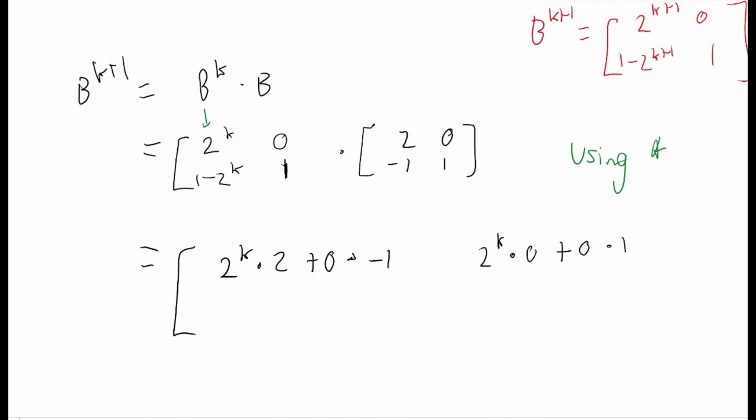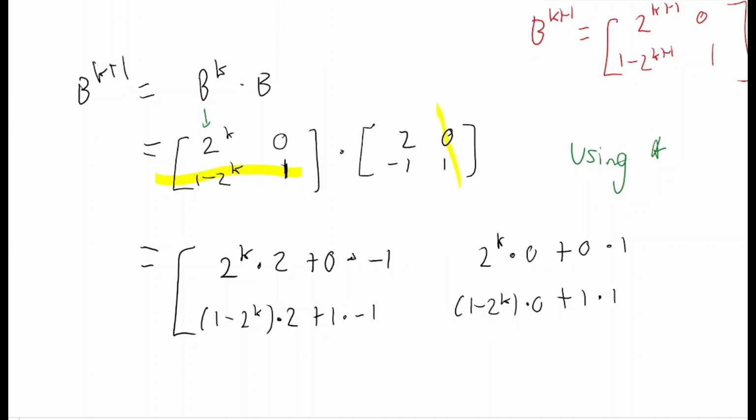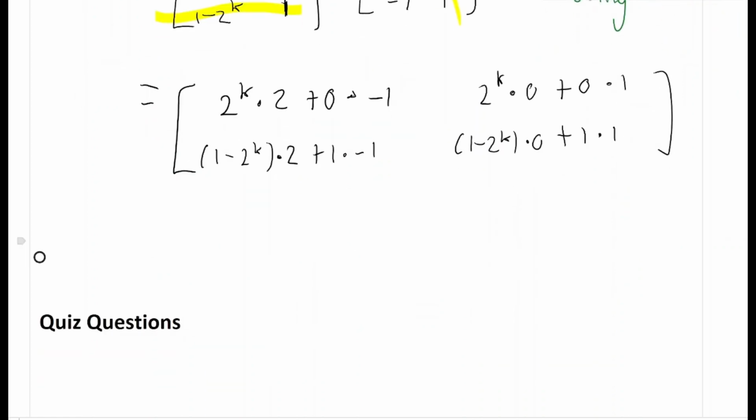Then we're going to do the bottom bit of the matrix: 1 take 2 to the k times 2 plus 1 times minus 1. And then our bottom right bit: 1 take 2 to the k times 0 plus 1 times 1. There you go. So it's quite a lot, but it should simplify down nicely.